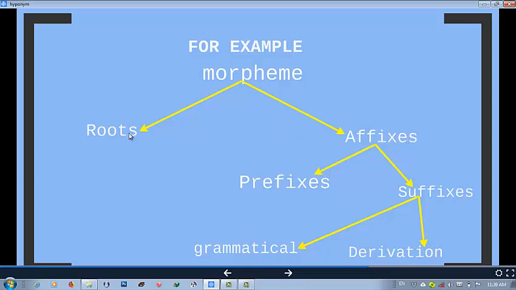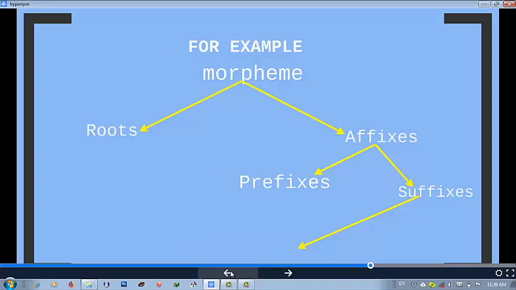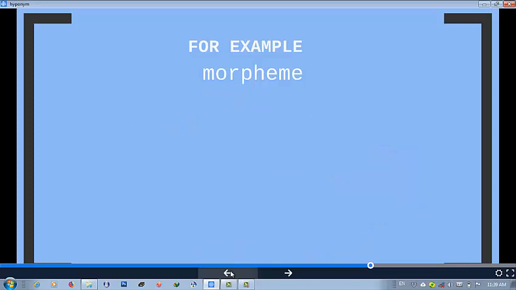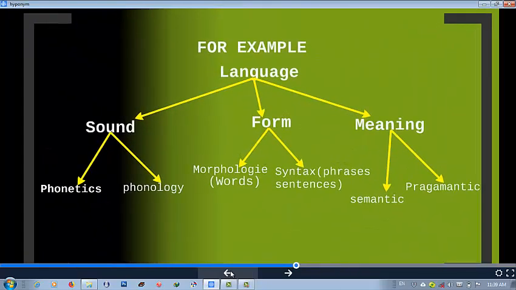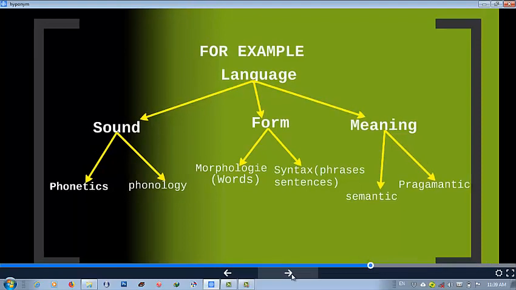Affixes and root word are the meronym of morpheme, and morpheme is the meronym of the form of words, of morphology. Alright, so I keep that one. Okay.